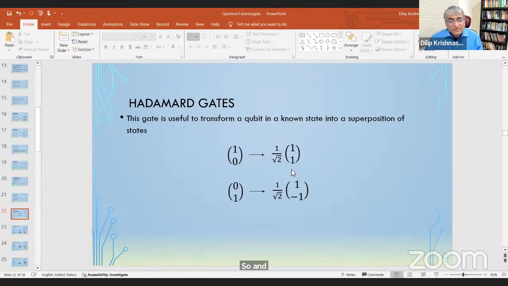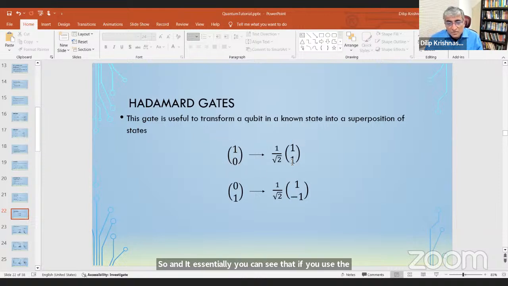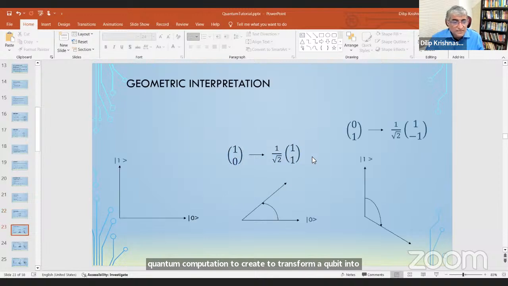If you use the Hadamard gate and you start with 1, 0, you end up having components in both dimensions. Or if you start with 0, 1 as a basis vector, you apply the Hadamard gate, now you have components in both dimensions. This is typically used at the start of quantum computation to transform a qubit into a superposition of states.